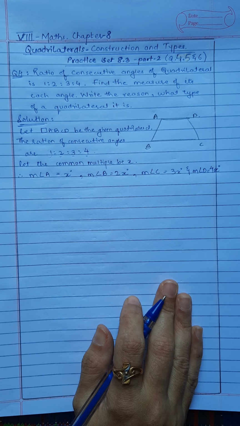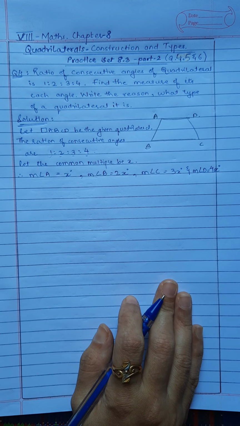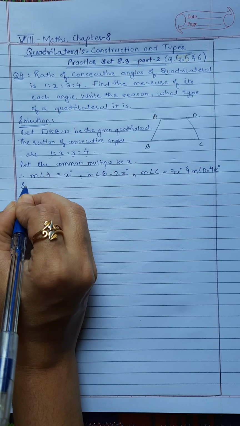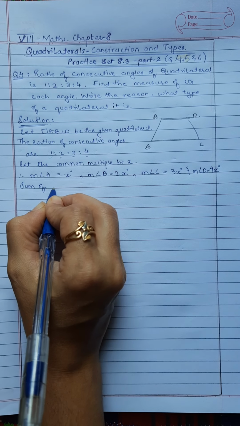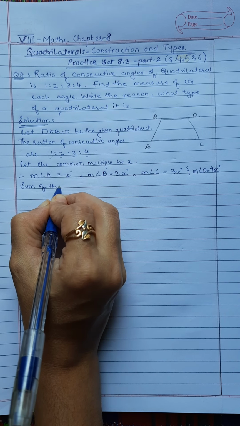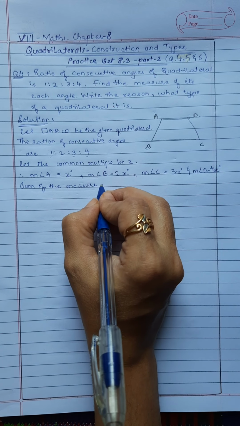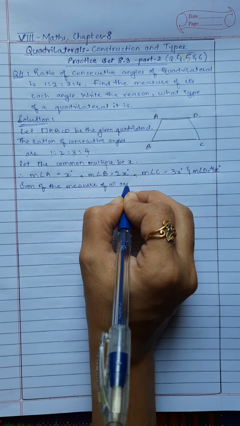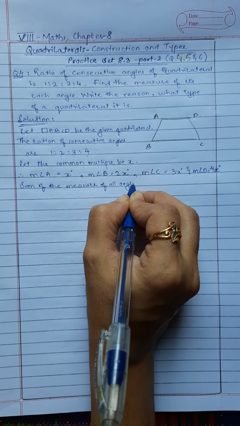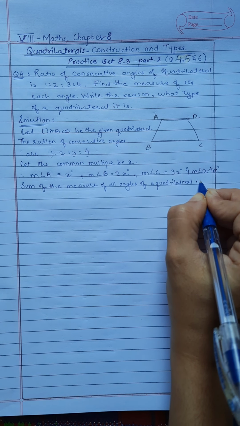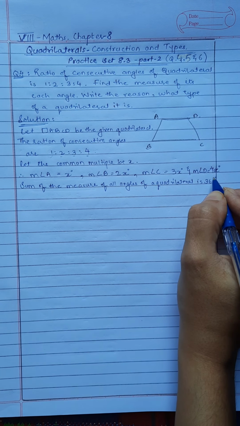Now the property says that the sum of the measures of all the angles of a quadrilateral is 360 degree. Write the same property here. The sum of the measure of all angles of a quadrilateral is 360 degree.